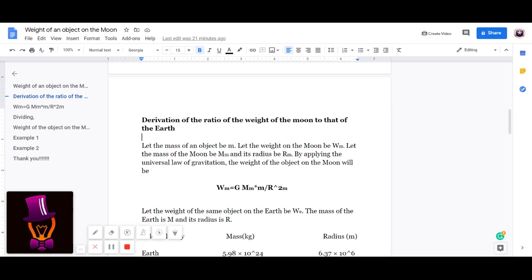Let the weight of the same object on the Earth be We, where the subscript e denotes the Earth.